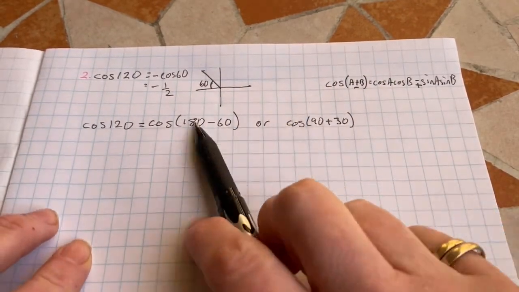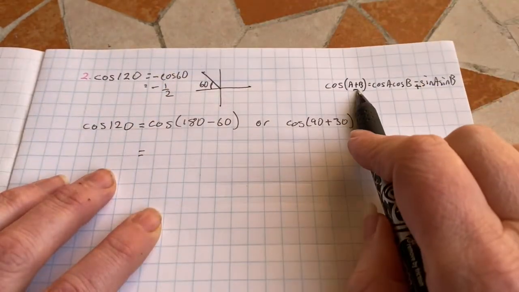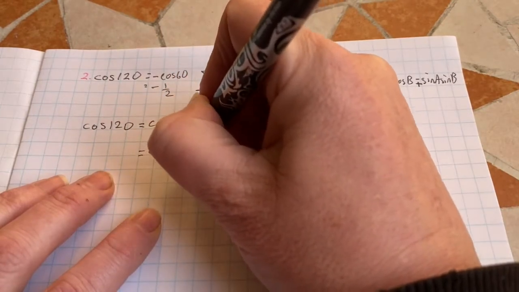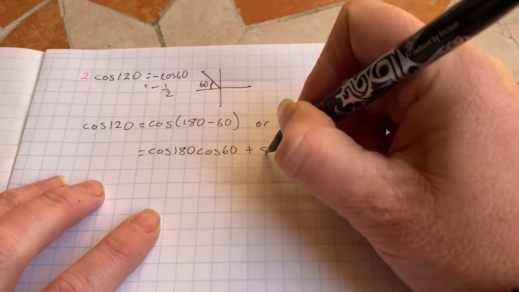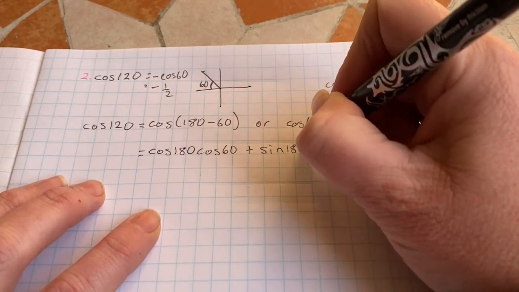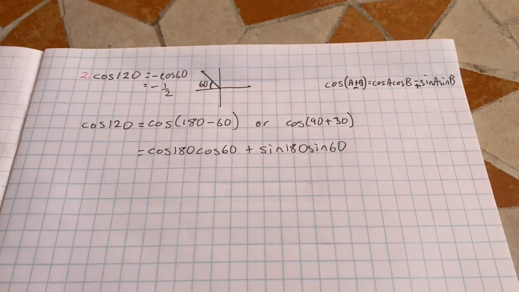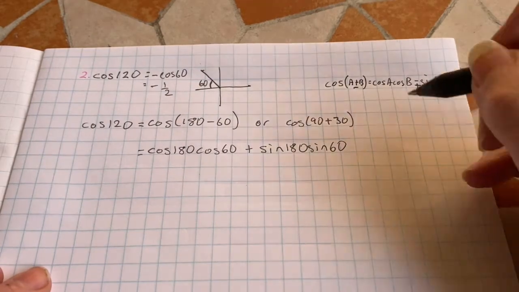I was going to do that one, but I've changed my mind. So using the cos angle difference formula with the minus, we go cos 180 cos 60 plus sine 180 sine 60.